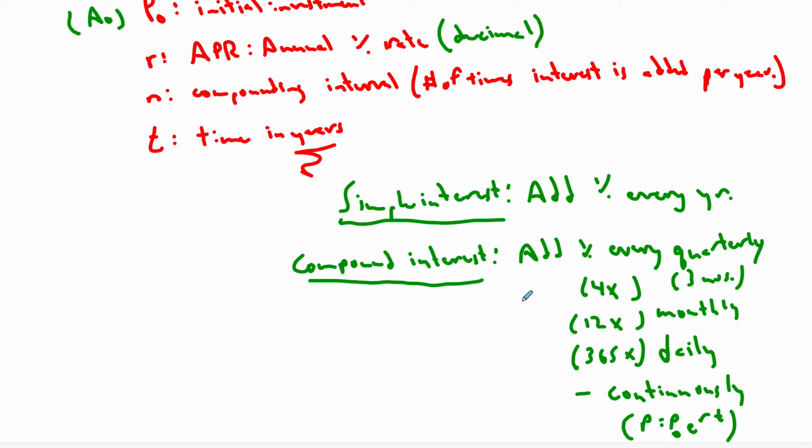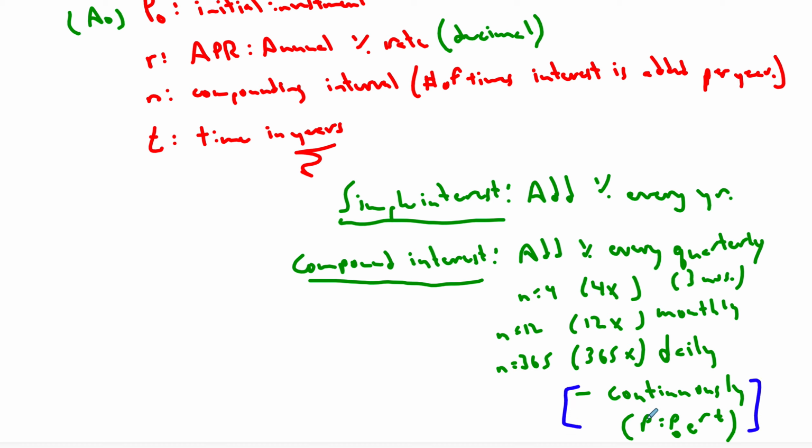So for the compounding interval, the number of times interest is added, N is equal to 4, N is equal to 12, N is equal to 365. And we don't worry about this for continuously because it's its own separate category, governed by this other equation, this E thing.